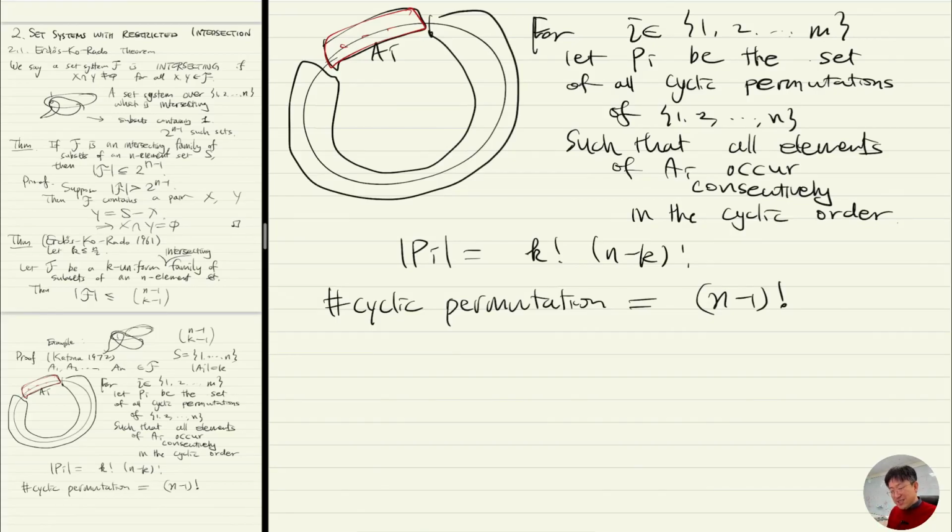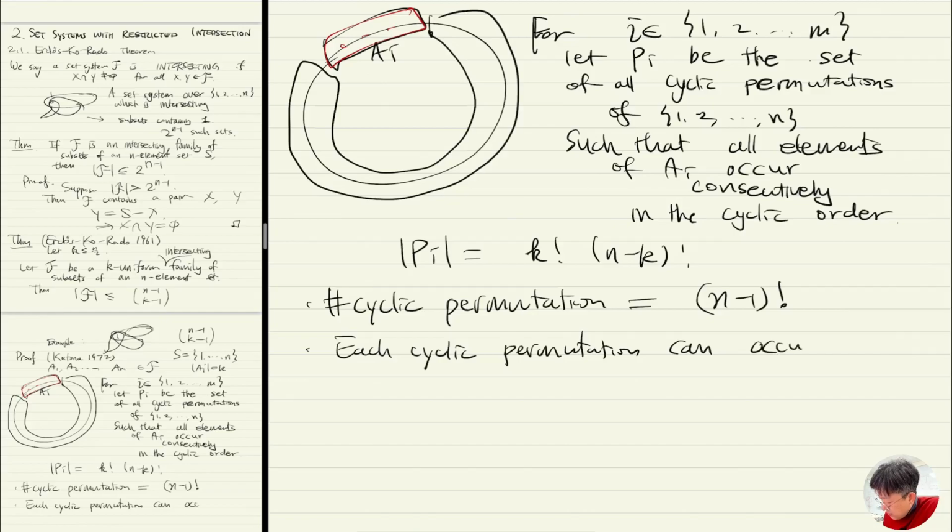Now, this is the key observation. Each cyclic permutation can occur in at most k of P1, P2, ..., Pm.